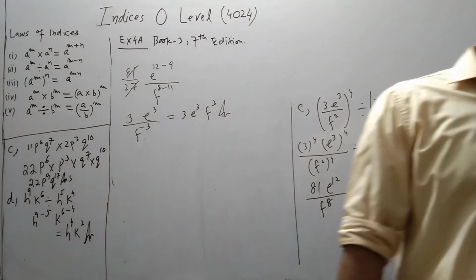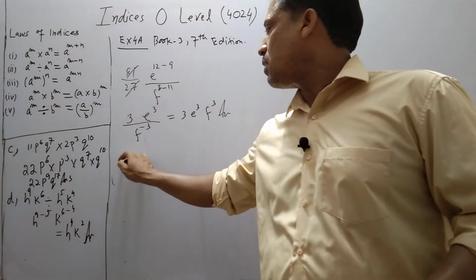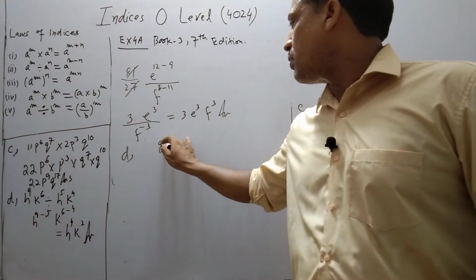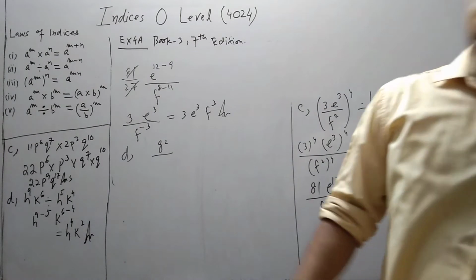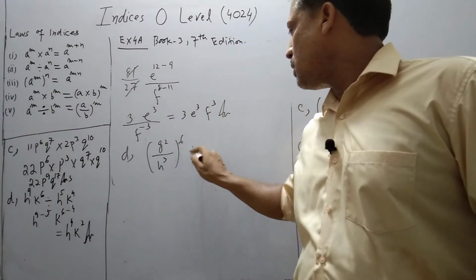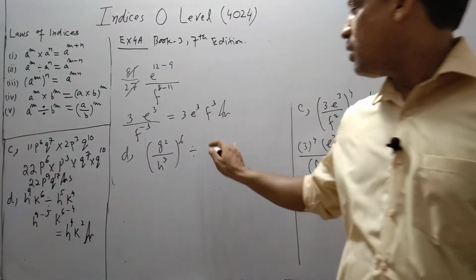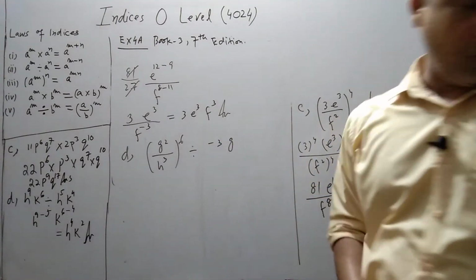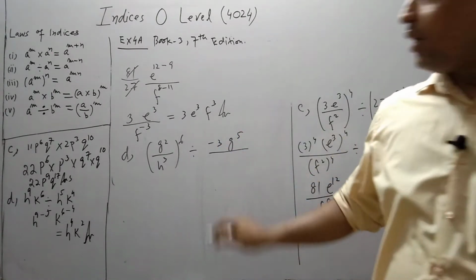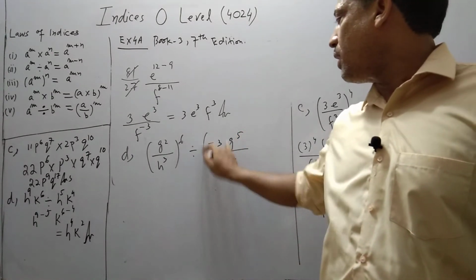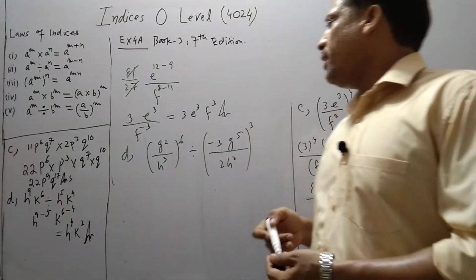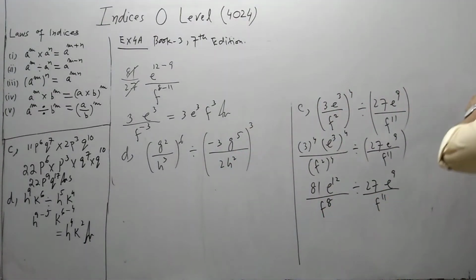One more part of this question is D. g square upon h cube, to the power 6, divided by minus 3 g^5 upon 2h square, whole power 3. It's a very easy question, students.